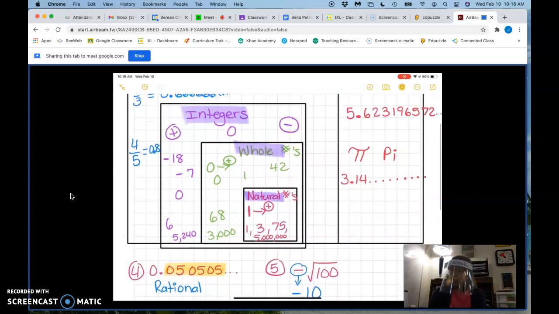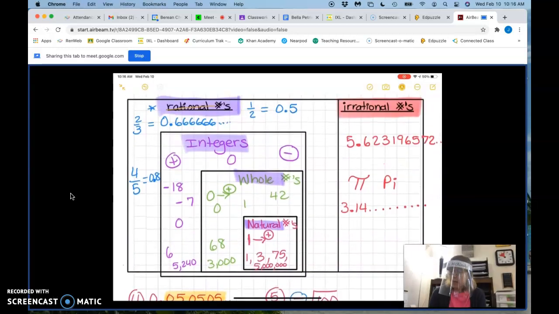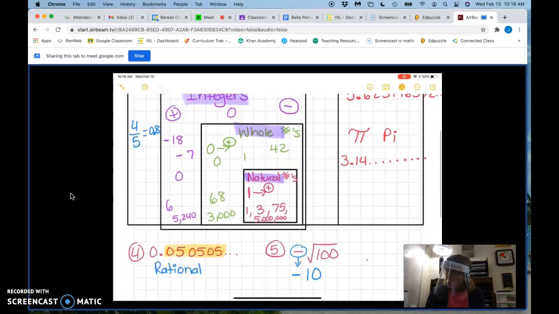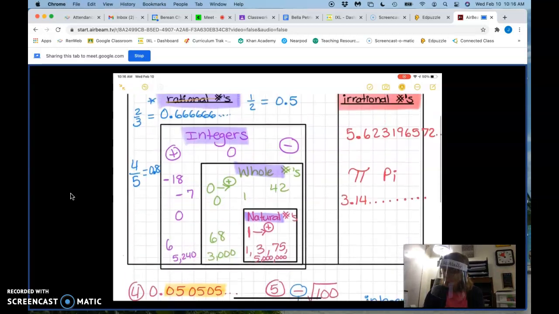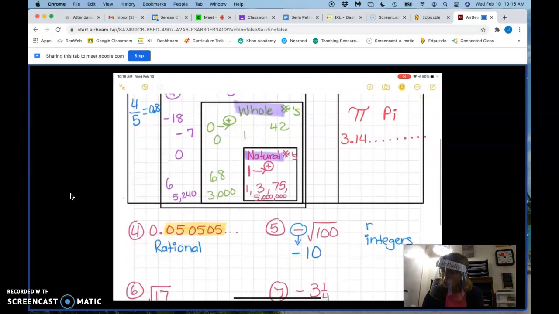Now, where on my chart could I put a -10? Integers. Good. So this one is integers, but guess what? If it's integers, it's rational. It's everything that comes above it. So what's above integer? Rational. So it's also rational. So this one has 2 answers.